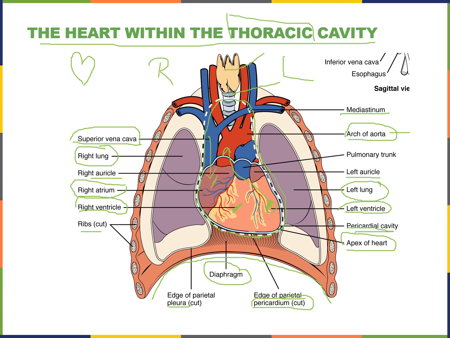Their membrane is called the pleura. So you see here, edge of pleura cut. It's the same relationship. There's an outer membrane and there's an inner membrane for the sac that the lungs sit in on both the right and the left sides.